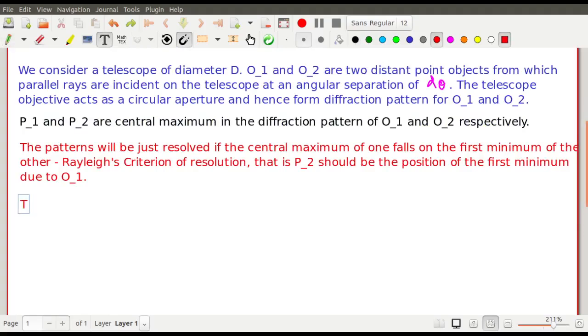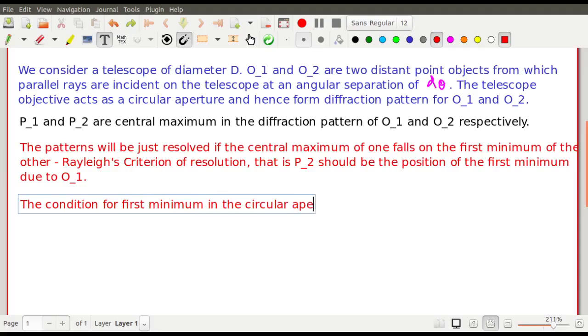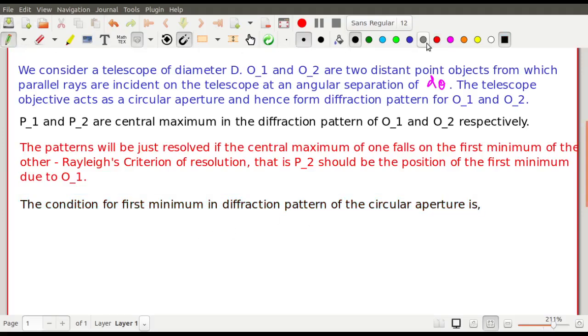So write the condition for the first minimum in the diffraction pattern of the circular aperture. You have learned it, you know better. The condition, কি ছিল রে? একটু মনে করো, মনে পড়ে যাবে এখন.